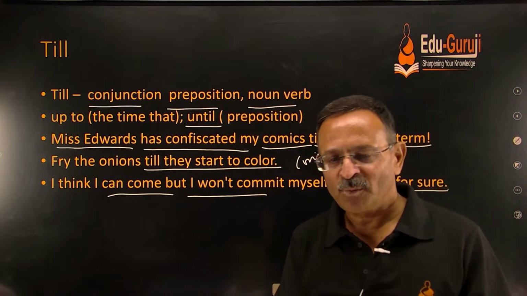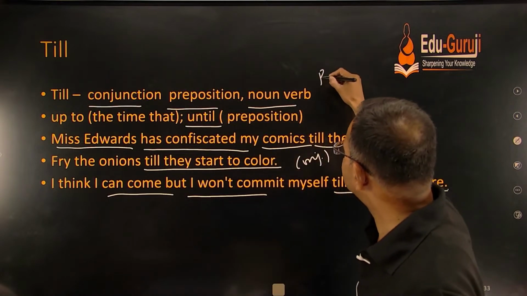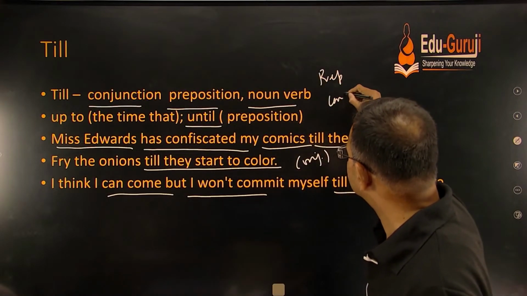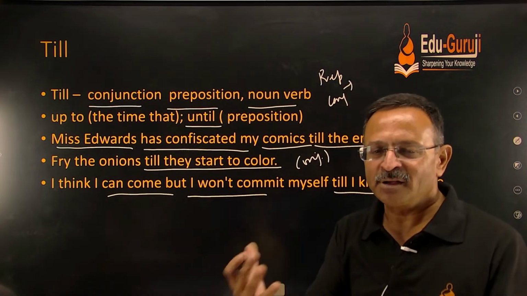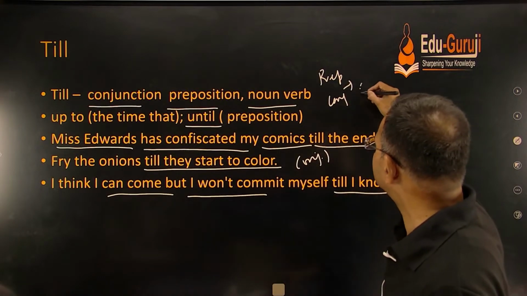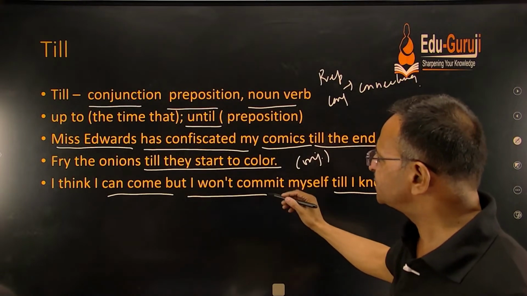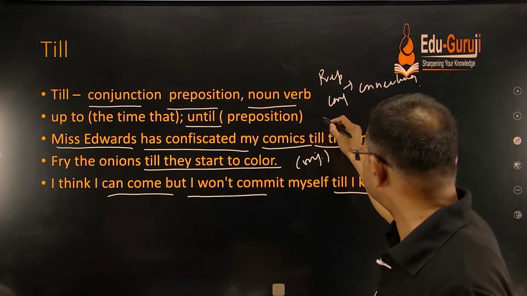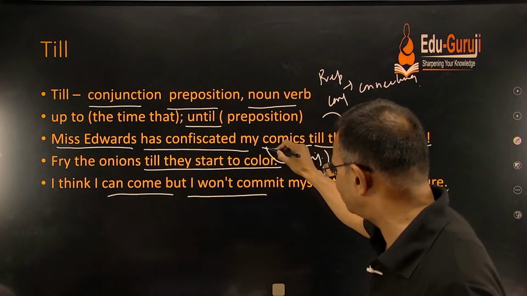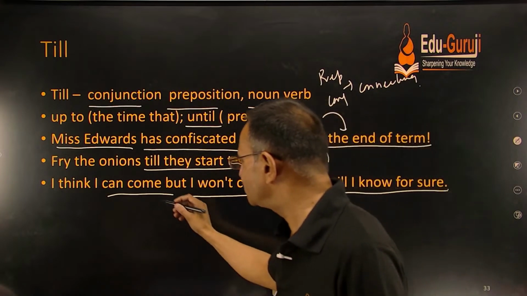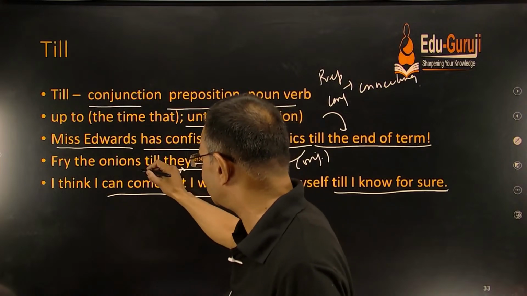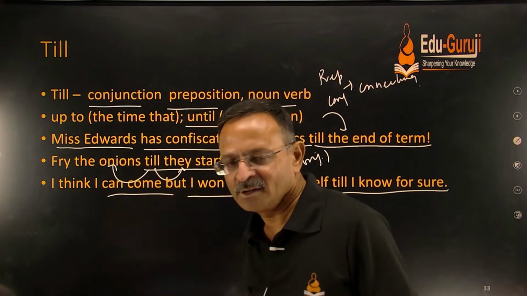As you know, preposition and conjunction are mostly connecting words. In the first case, till is connecting this part to this part, and here the conjunction till is connecting this part to this part, right?